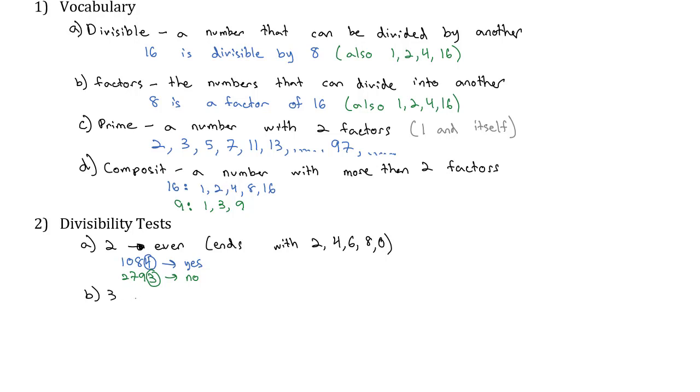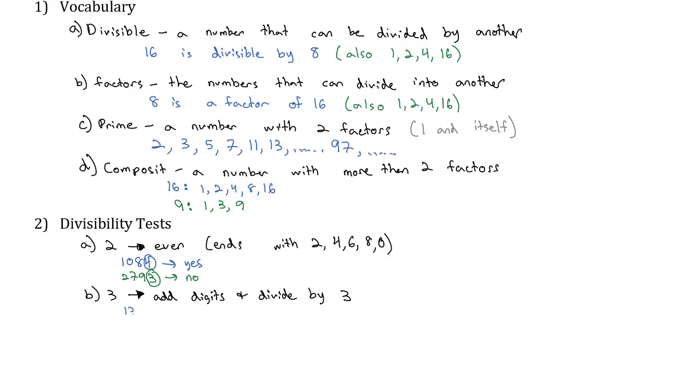The next prime number is 3. And 3 has an interesting divisibility test. We're going to add the digits and divide by 3. If we can do that, it means the number is divisible by 3.